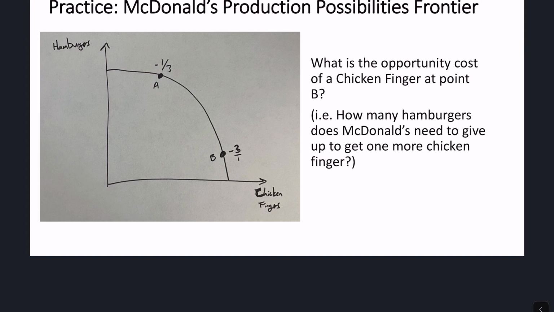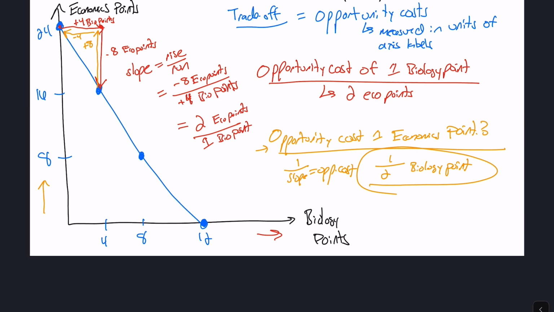Now you might be asking, why is this graph curved? So I'm going to go back to the previous one we did with economics and biology points, where the PPF, as you see, is a straight line. And if it's a straight line, that means that the opportunity cost is constant. It doesn't change depending on where you're at on that PPF in terms of allocating points one way or the other. Right? That's to keep it simple when I first introduced this.